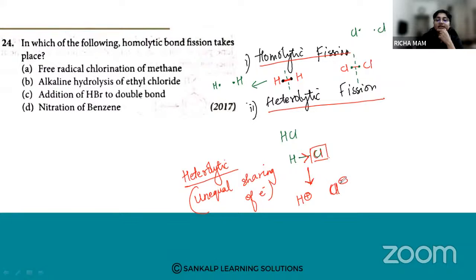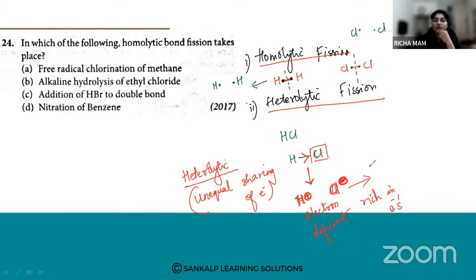Chlorine will take its pair of electrons. Negative charge means it is rich in electrons, and positive charge means it is electron deficient. So hydrogen is electron deficient, it is left with no electron, and chlorine is left with an extra electron. It is rich in electrons.